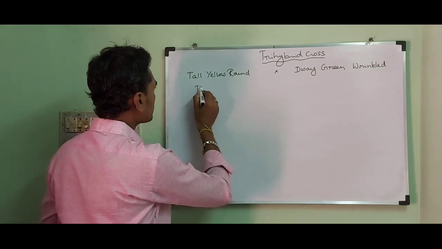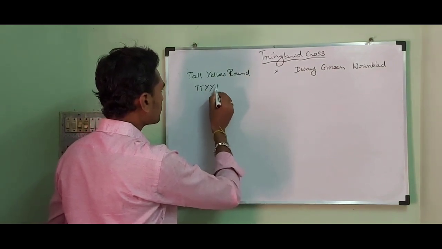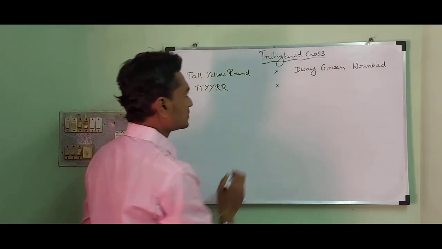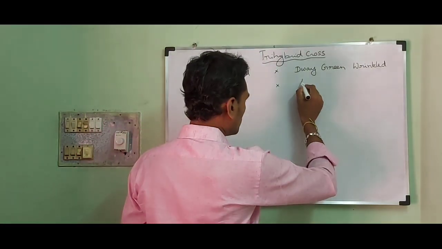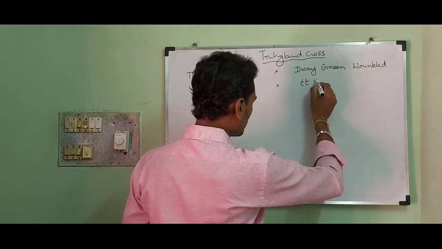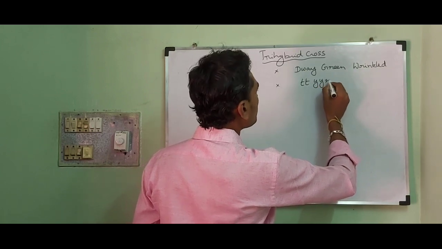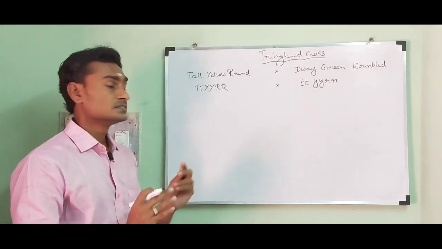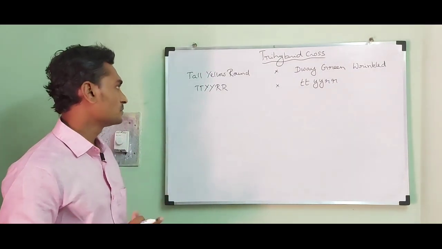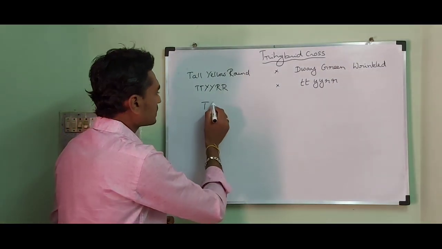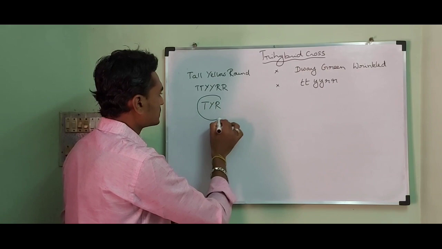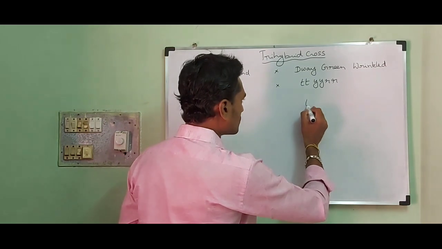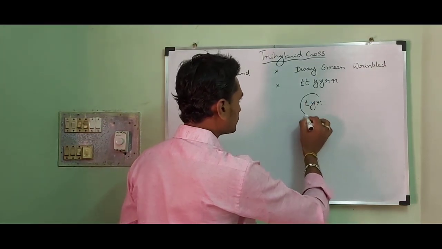So capital T, capital T, capital Y, capital Y, capital R, capital R, cross with the genotype of the recessive, small t, small t, small y, small y, small r, small r. Then the gametes produced by the dominant one is capital T, capital Y, capital R, and the gametes produced by the recessive one is small t, small y, small r.